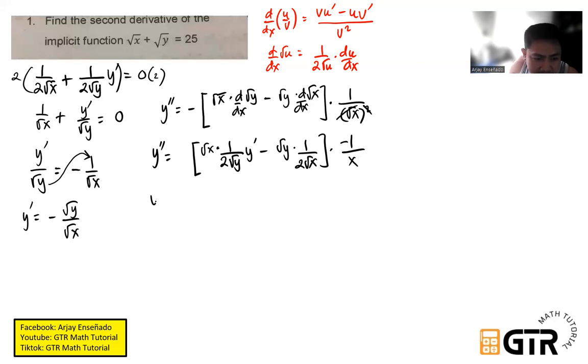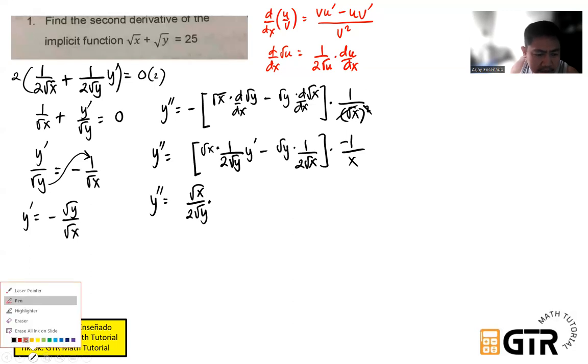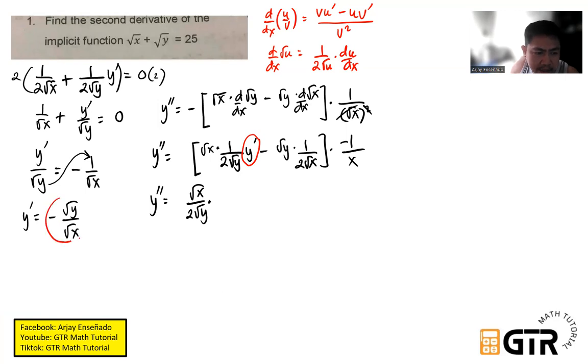Okay, so now let's simplify. Y double prime is equal to square root of x over 2 square root of y. But we have the value of y prime. What is the value of y prime? The value of y prime is negative square root of y over square root of x.